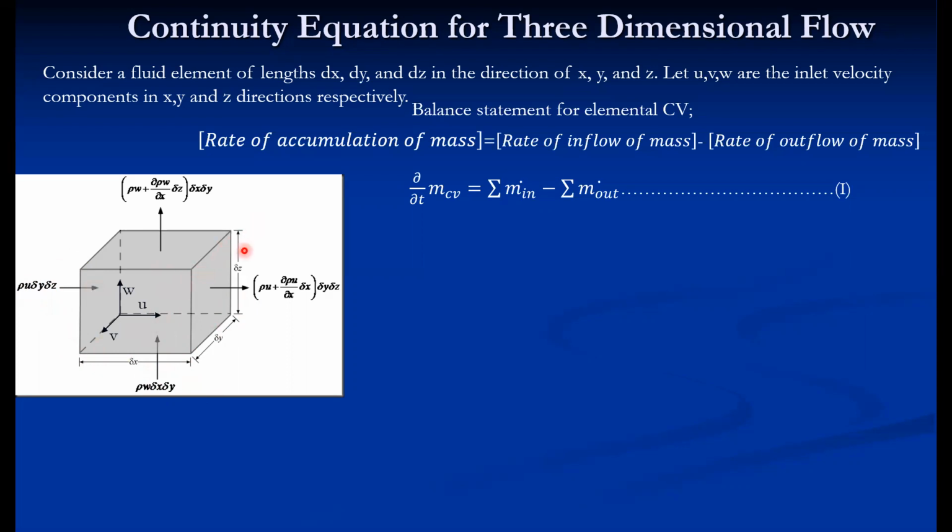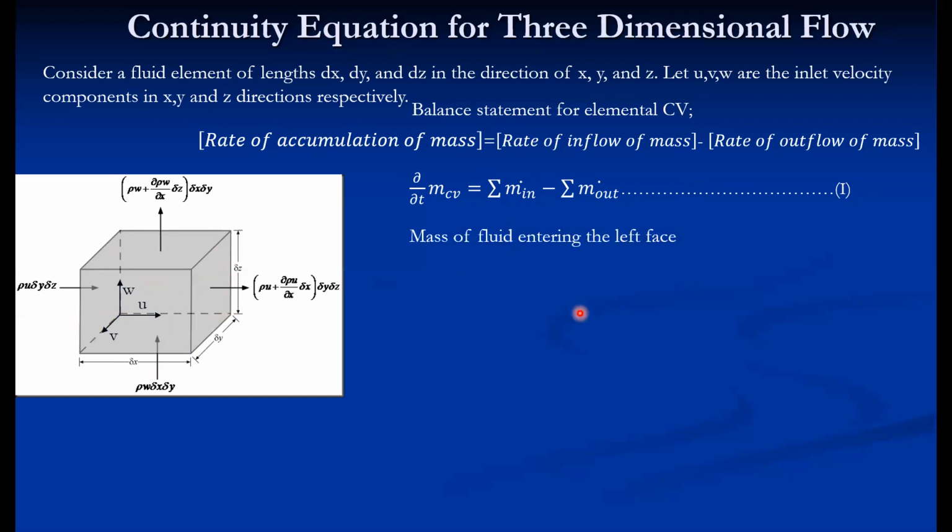And it leaves the control volume from three faces: the right face, the top face, and the front face. So three entries and three exits, and all summations are considered here. Call this equation number 1.